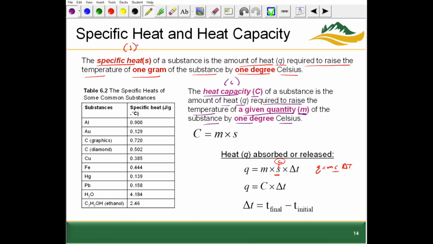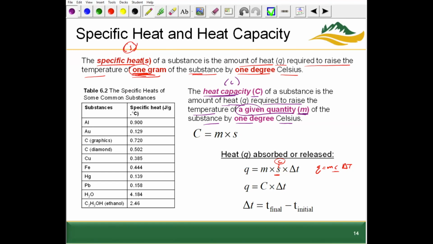So the specific heat capacity is more specific, right? It's how much heat is required to raise exactly 1 gram of some substance. Whereas the heat capacity C is how much heat is required to raise the temperature of a given quantity, not necessarily 1 gram.